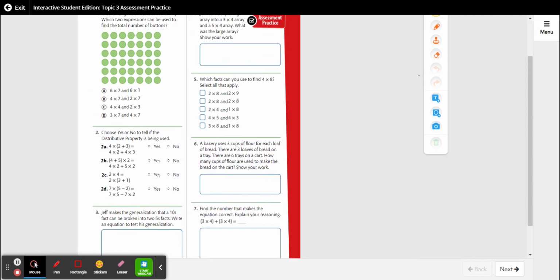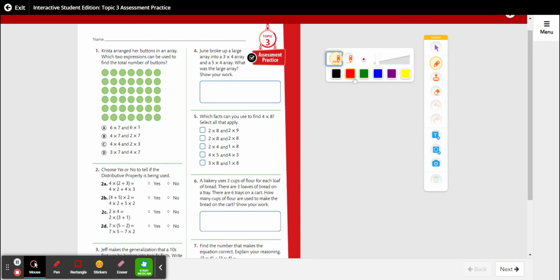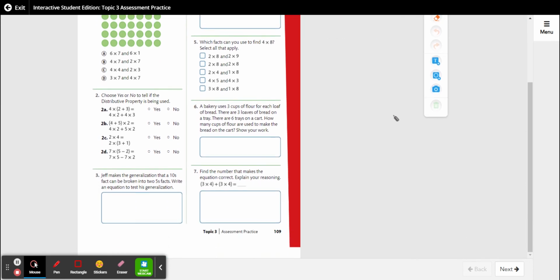Yes. Now, it might be a little bit difficult to tell because we are so used to, in the classroom, using parentheses. So if I add parentheses right here, sort of covered up one of the factors, does that make it easier to see that the distributive property is being used? I hope so. The answer is yes.